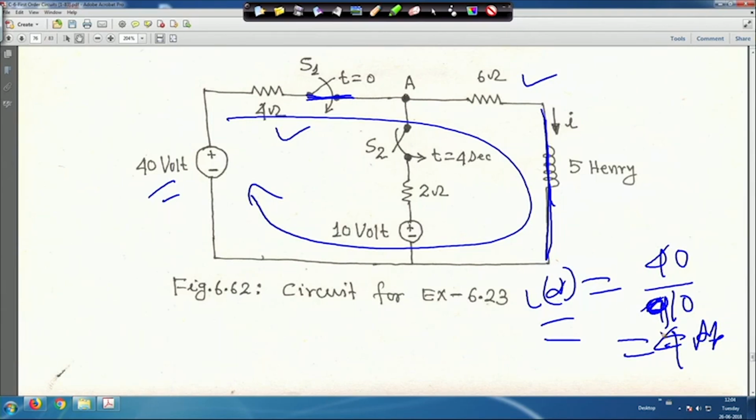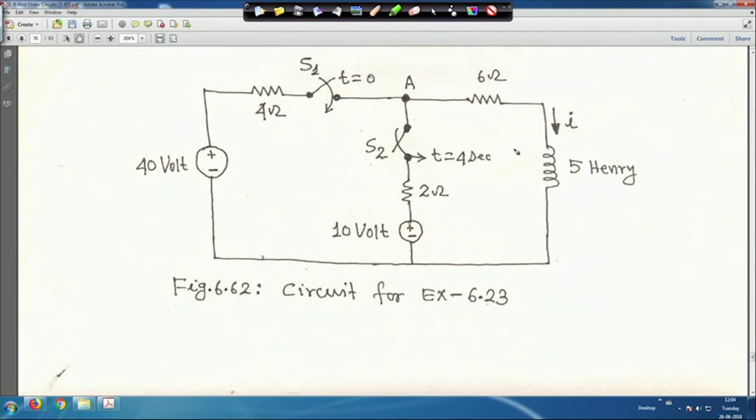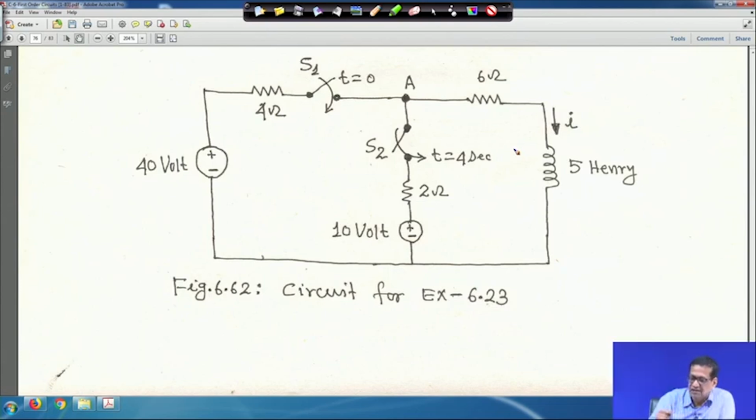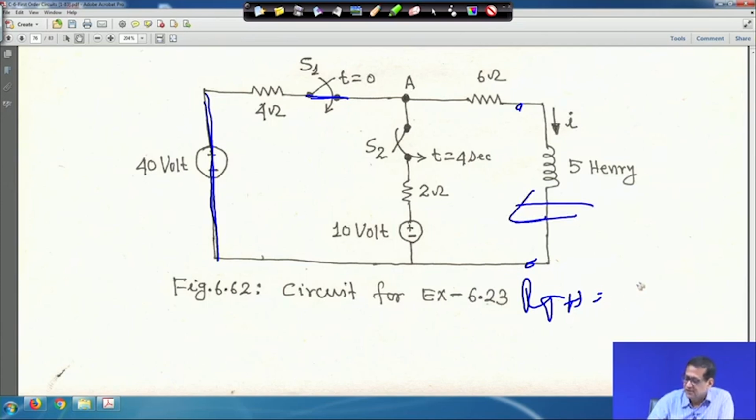Now, here let me clear it. Now, here if you try to find out what will be the time constant, this is closed, this is open, right, and to get the R Thevenin, S2 remains open, the voltage source should be shorted, right, and R Thevenin will be equal to, looking from this terminal, this is open, it will be 6 plus 4 is equal to 10 ohm.